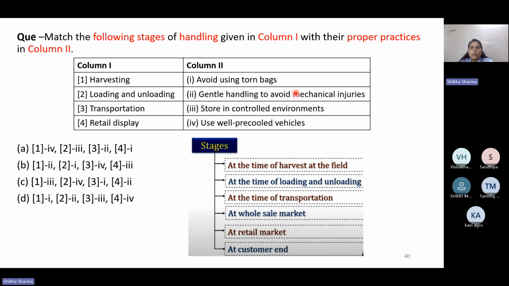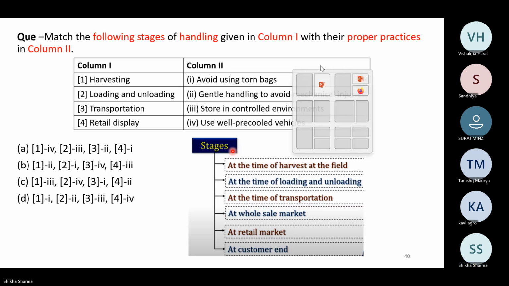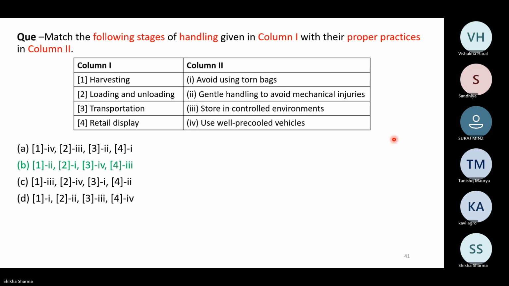Which option should be correct, guys? Option B, C. B, C, D. So B is correct.